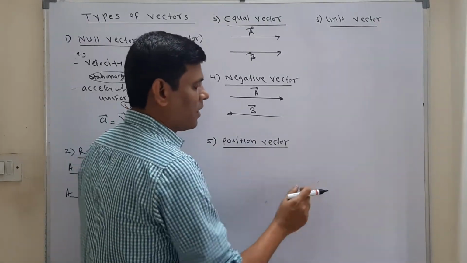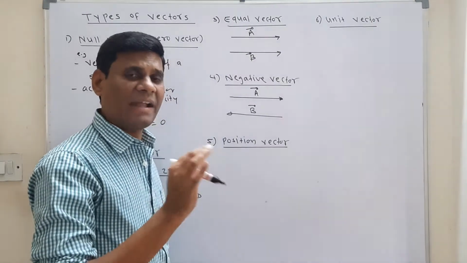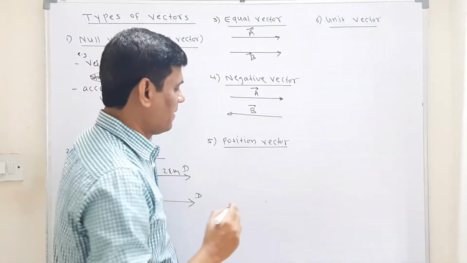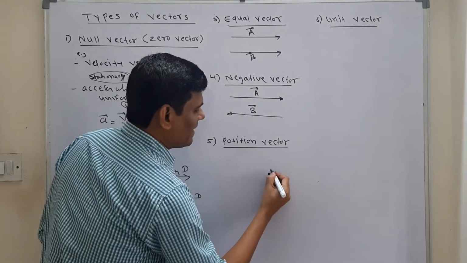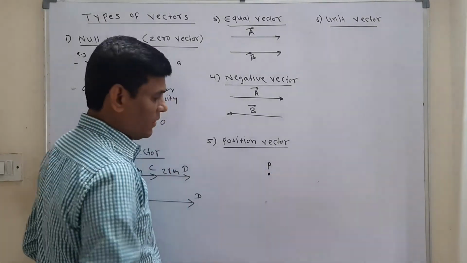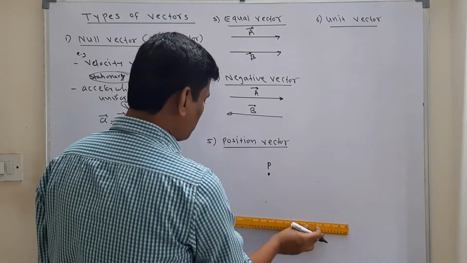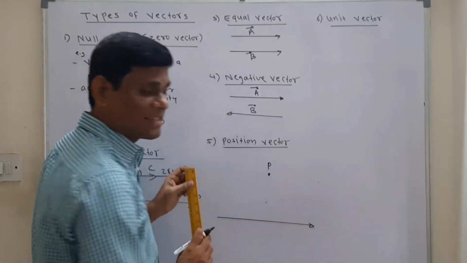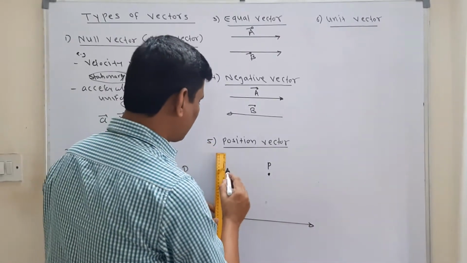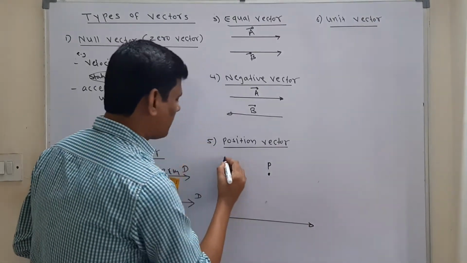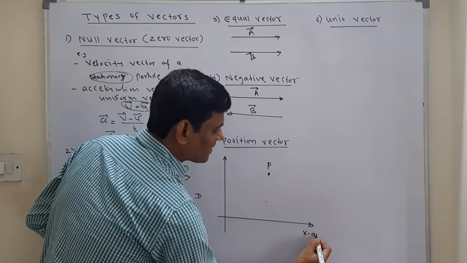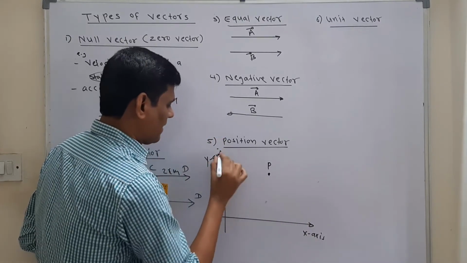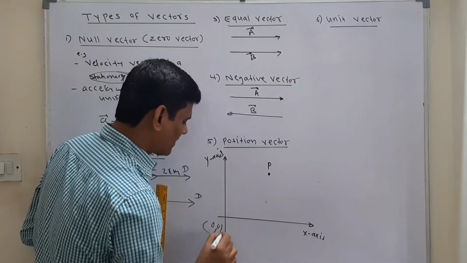Position vector. The position of a particle at a point you can represent in a Cartesian coordinate system. Suppose this is a particle at point P. We can represent the position of the particle by drawing a vector in the coordinate system with respect to the origin. Suppose this is our x-axis and this is our y-axis, and this is the origin of the coordinate system.